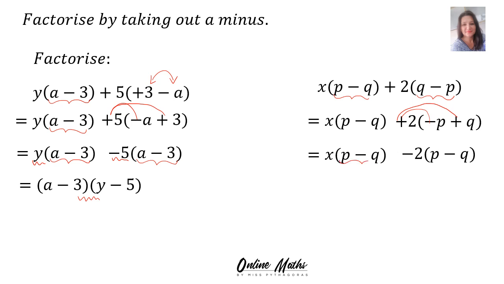Now my two brackets are exactly the same. I pull out p minus q as a common factor, and I'm left with inside a bracket x minus 2, and remember there's no sign there.